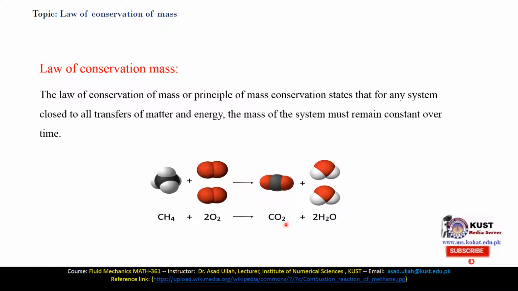Now in the products, there is 1 carbon, 4 oxygen atoms, and 4 hydrogen atoms. So by this reaction, we see that the number of atoms in the reactants is the same as in the products. So the law of conservation of mass holds in this reaction.